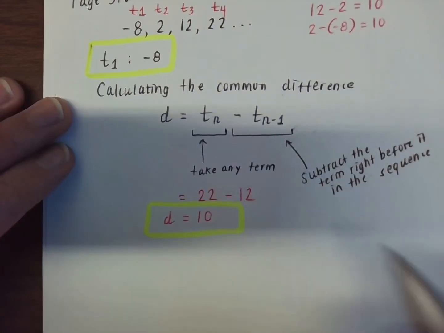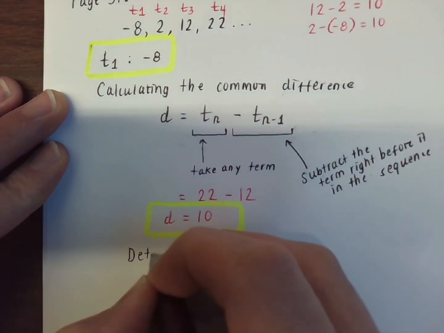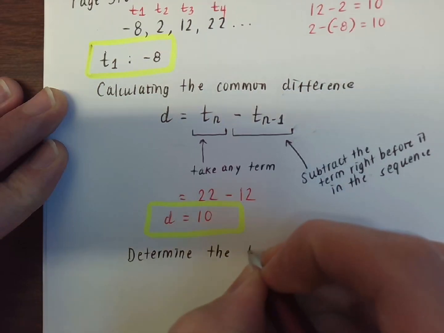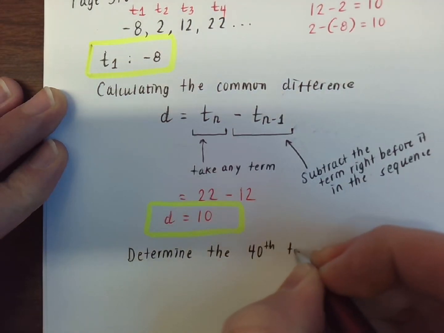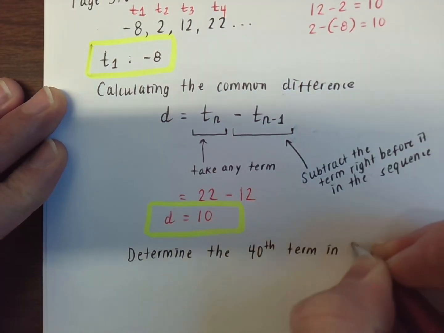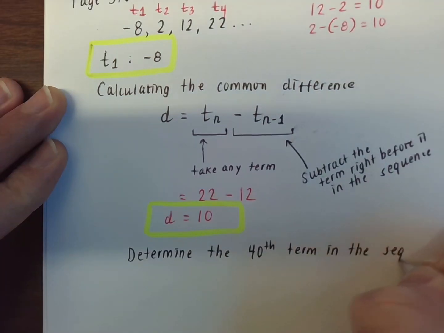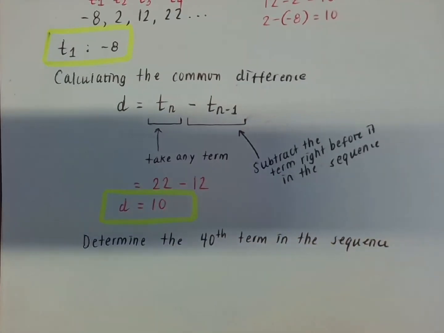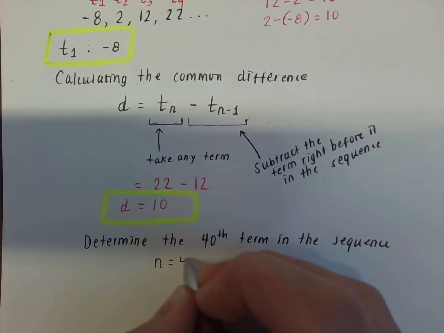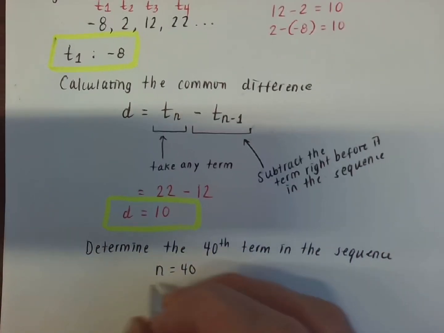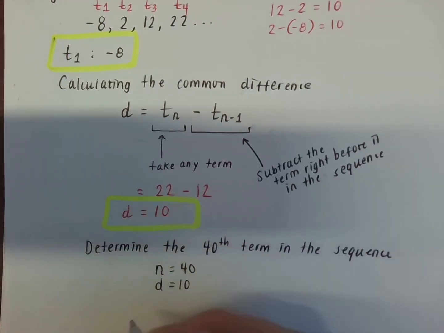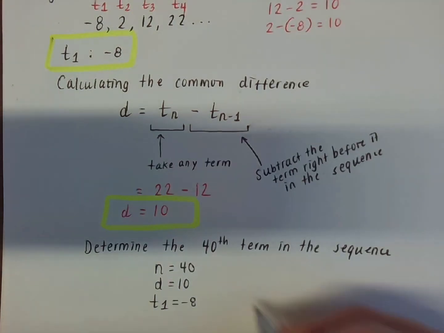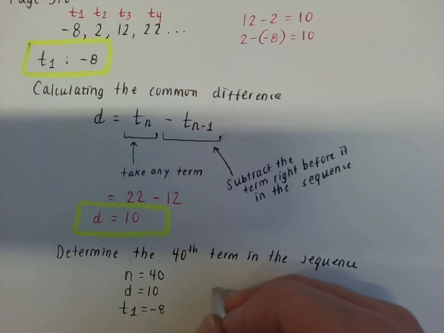If someone says, oh, determine the 40th term in the sequence, that's going to be n equals 40. And we already know that d equals 10, and the starting point is -8. So you could plug that into your formula.